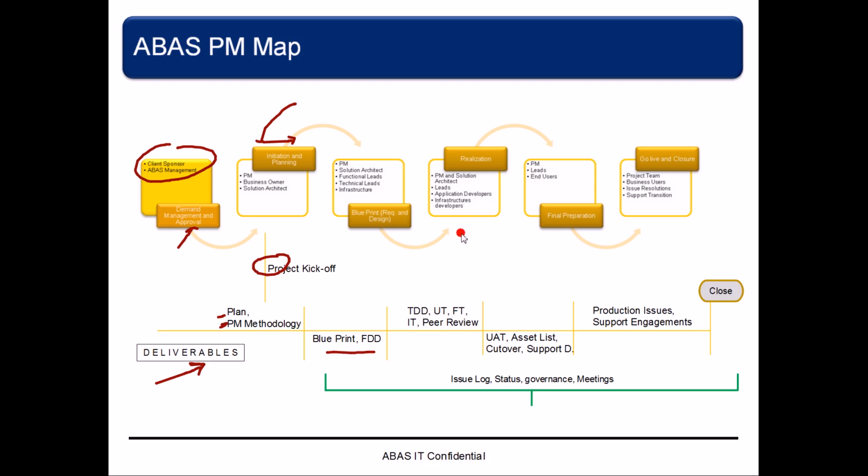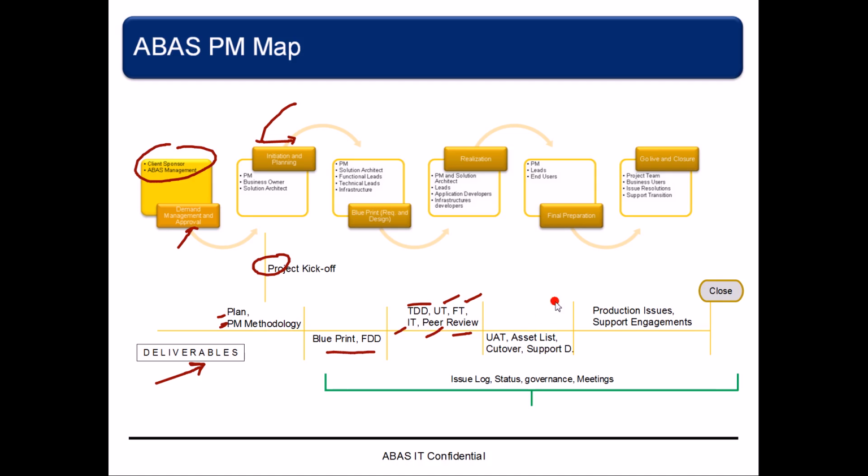On the development or realization side, we're going to have the technical design document, unit test document, functional test document, integration test, and also the peer review. If there are development objects involved, we have to make sure that the coding done by one developer is reviewed by another developer, and that's what we call the peer review.